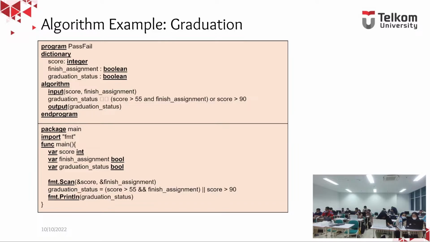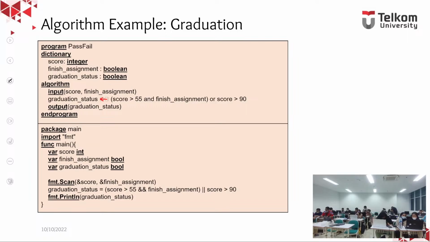Okay, first we need to define the program name, and then next we need to define the dictionary. We need to define the score, and the data type is integer, and then whether the assignment has been done or not is Boolean, and this is the output, graduation status, Boolean.